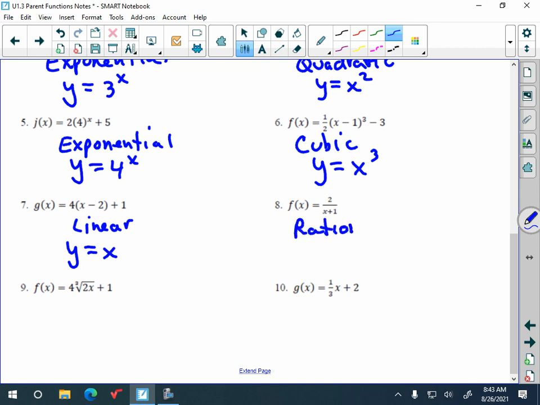It's a rational function. Its parent function, y equals 1 over x. All right, number 9, we have a radical with a little 3, so this is a cube root function. So y equals cube root x.